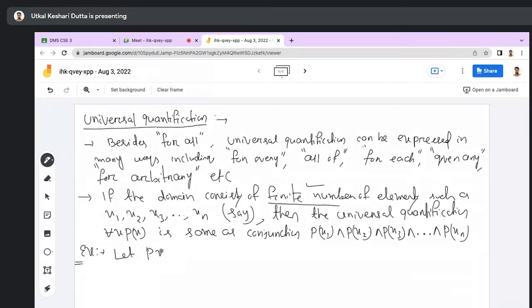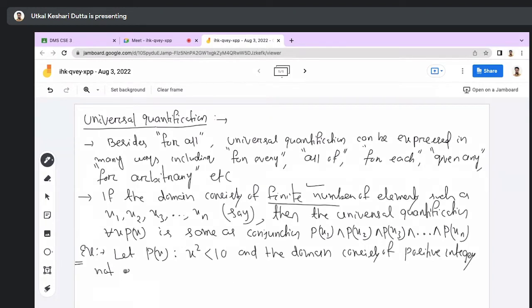Let P of x be, let's say we are taking the same example, x square less than 10, and the domain consists of positive integers not exceeding 4.